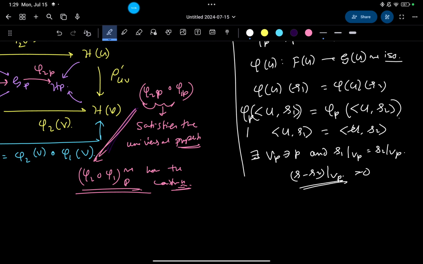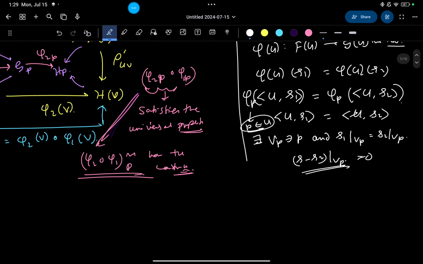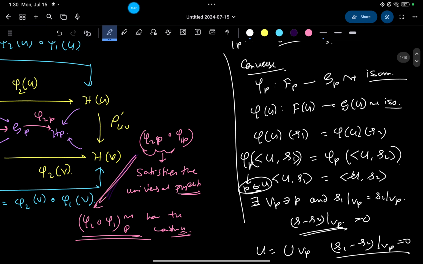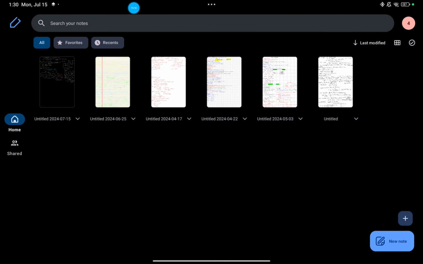Here p belongs to U, so I let p vary over the entire U. Then I can write U as a union of Vp, such that p belongs to U, which is an open cover, and s1 minus s2 restricted to Vp is 0 for every p. So that means s1 equals s2 by the property of sheaves, right? So that means it is injective. Okay, so phi u is injective.